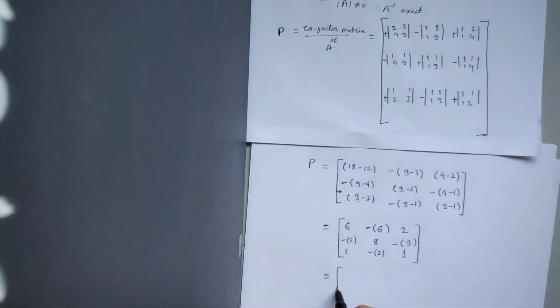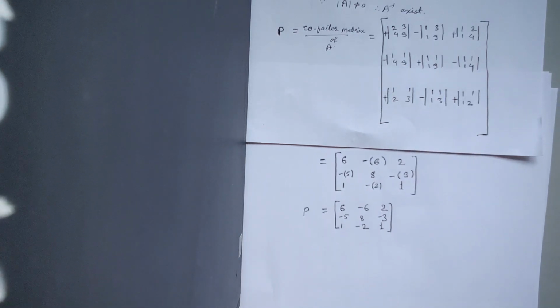Change the signs. What will I get? 6, minus 6, 2, minus 5, 8, minus 3, 1, minus 2, 1. Okay, this is my P matrix, the matrix of cofactors.